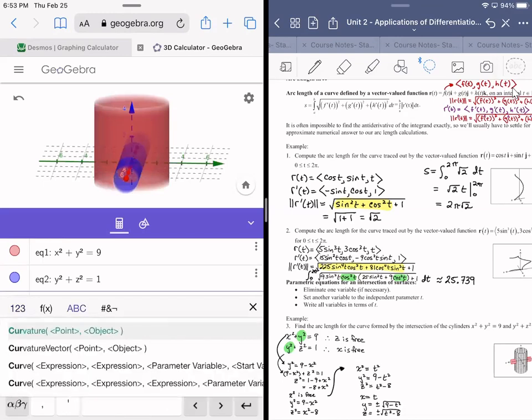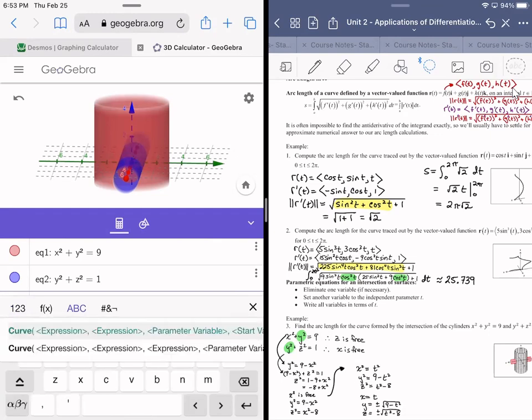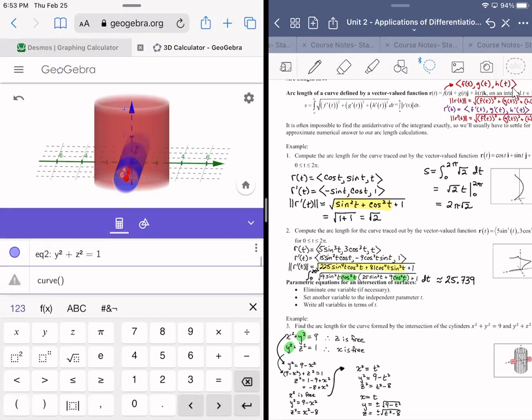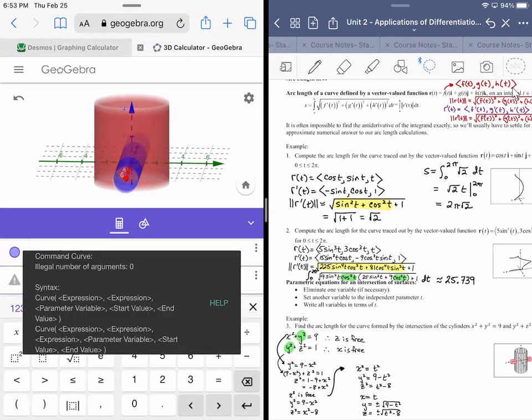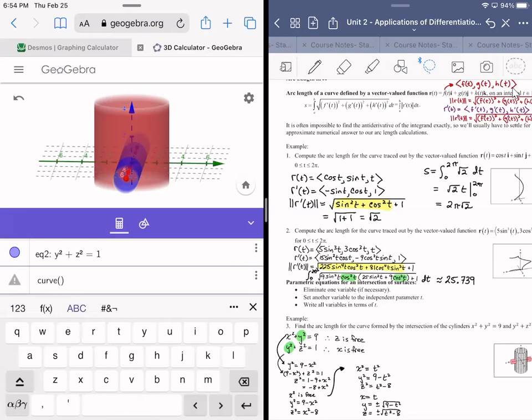Curve. All right, so now I can, apparently talk too soon. Okay. So T, comma.